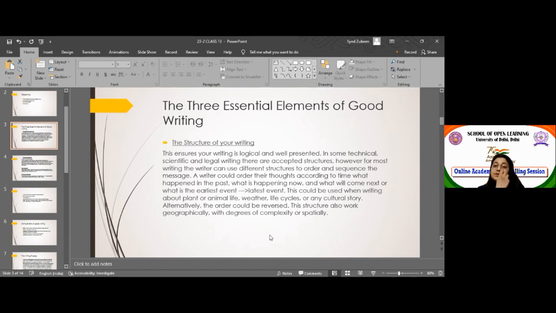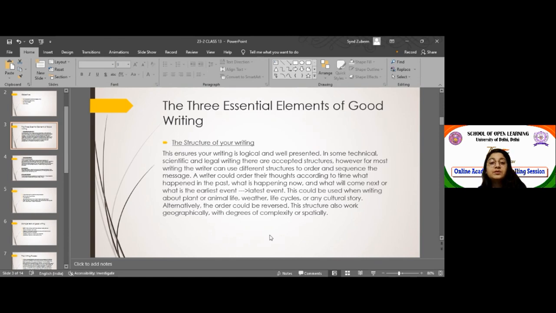differently, right? So a writer could order their thoughts according to the time, what has happened in the past, what is happening now, and what will come next, or what is the earliest event or the latest event, right? He can start with the latest event and then talk about the past, or he can start talking about the past and go to the event that's happening right now. That's the present.